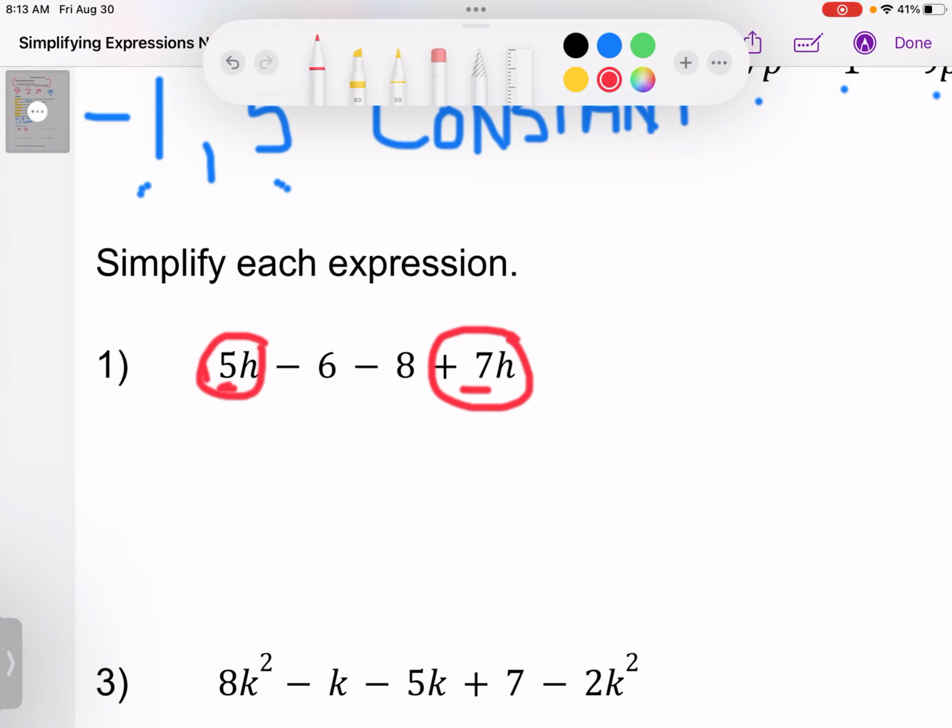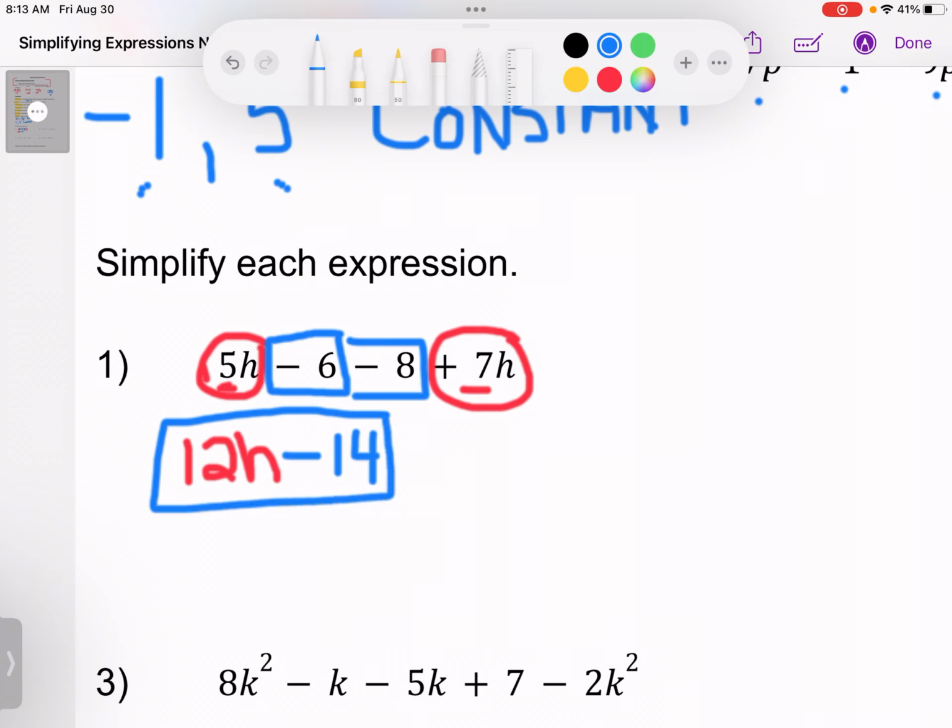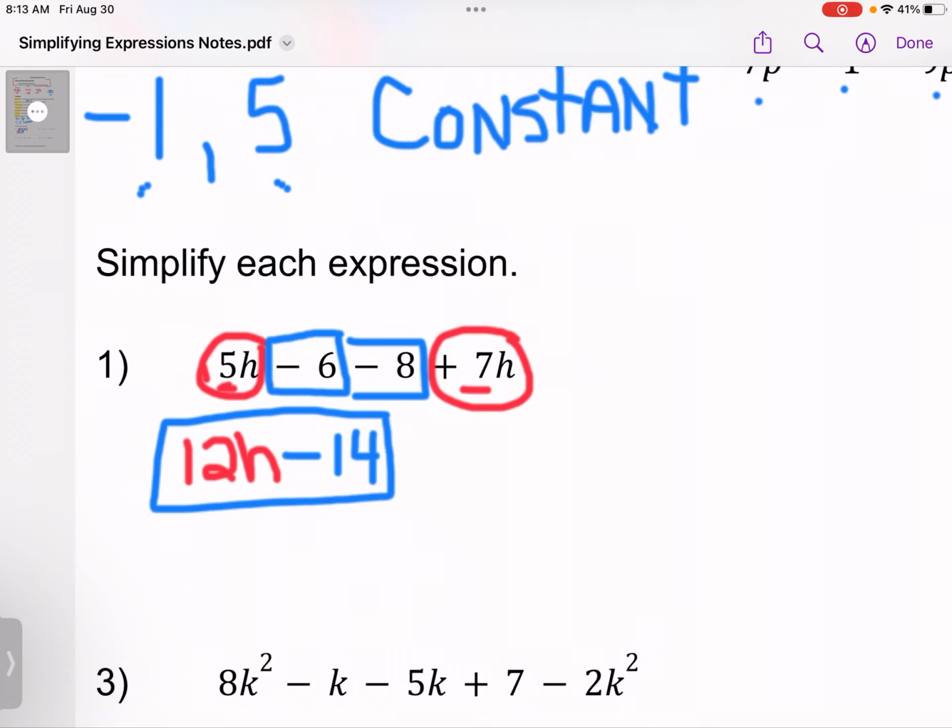So 5 plus 7 is 12. So I'm going to write 12h. I just tack the h onto the end. And then my other pair of like terms are -6 and -8. Notice they both have the same signs, so we're going to add and keep the sign. So if we add them together, it's 14. Our sign is negative. So our simplified expression would be 12h minus 14.